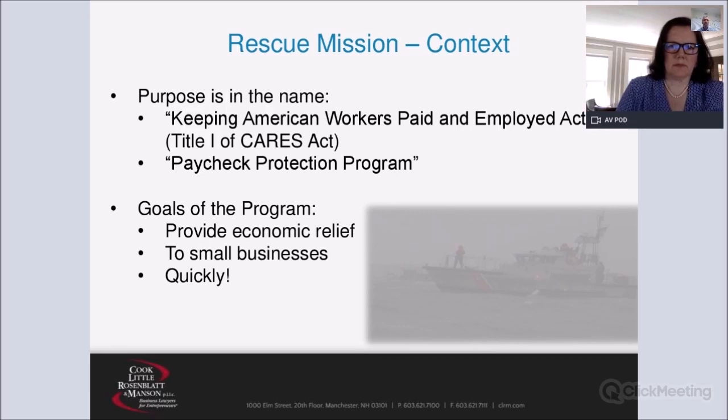So the Keeping America Workers Paid and Employed Act, that's Title I of the CARES Act, really does nail down that the primary goal was to provide funding for companies, recipients of the loans, to keep the people working, keep them off of the unemployment rolls, to keep people engaged, and to try to dampen the economic impact on individuals and small businesses due to the COVID-19 pandemic.